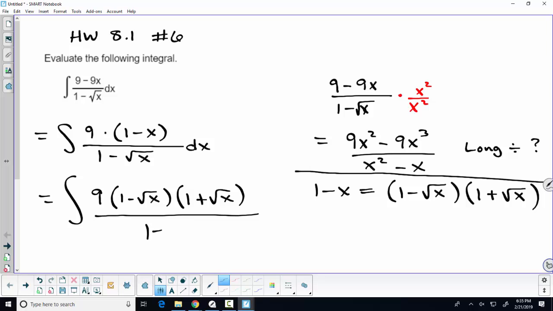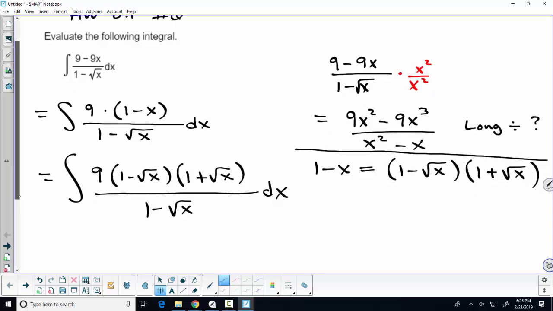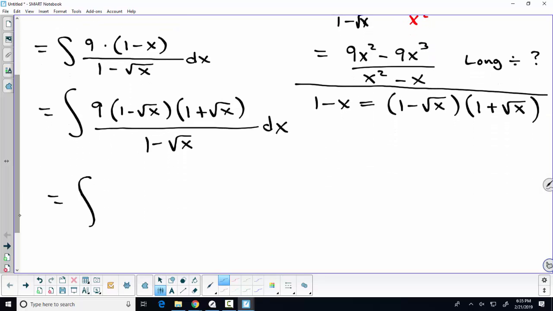And then we can simplify this thing. And now we can just use the power rule to find the antiderivative.